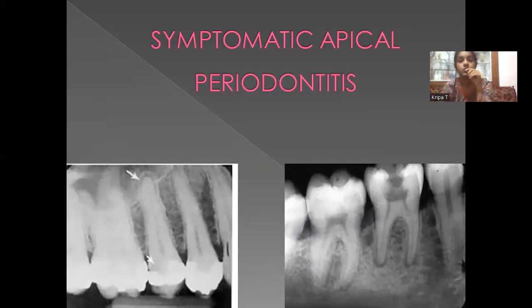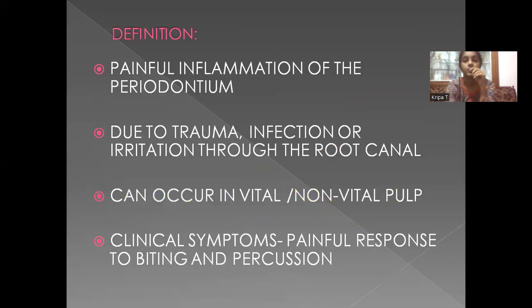First, we'll discuss symptomatic apical periodontitis. As the name suggests, there will be a painful inflammation of the periodontium. The reasons are either trauma or infection or irritation from the root canal. This can occur not just in a non-vital pulp, but also in a vital tooth. The clinical symptom will be a painful response to biting and tenderness to percussion.